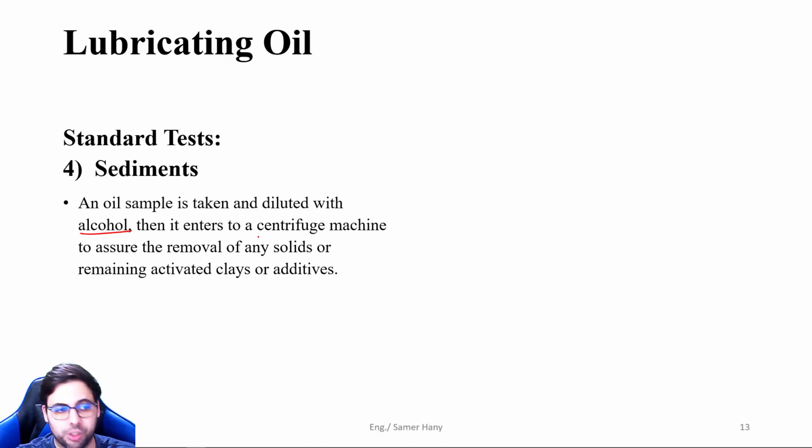So we use what's called a centrifuge machine. This centrifuge machine is just like, let's say, a cylinder that's rotating around itself very rapidly with a high revolution speed, and then some test tubes attached to it. And when it rotates rapidly, it starts pushing with centrifugal force.